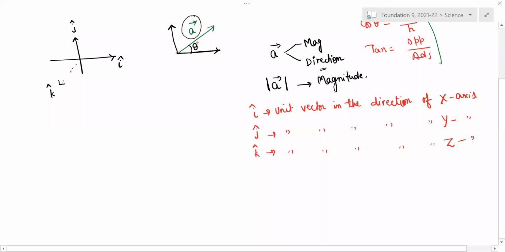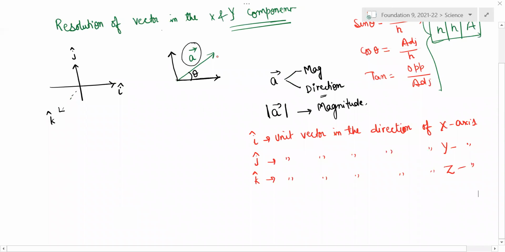Now for this vector A, it is not having any kind of direction given. It is in the x and y plane. So what would be the unit vector in the direction of vector A? I will just make it like this so that it will be a learning point.